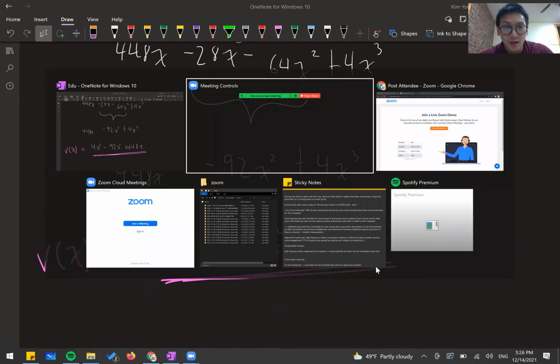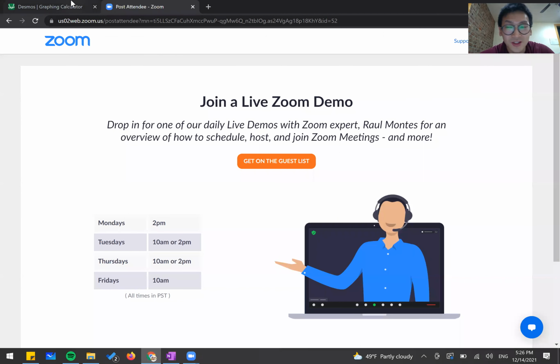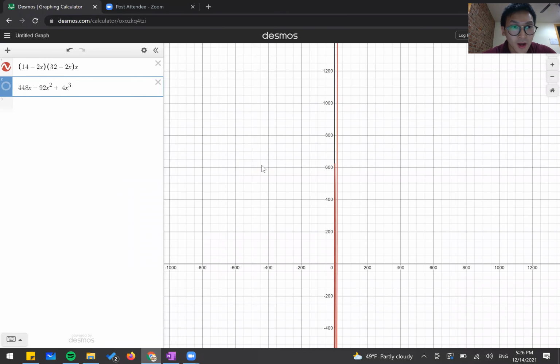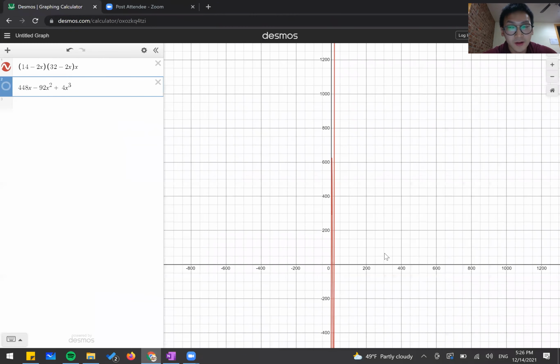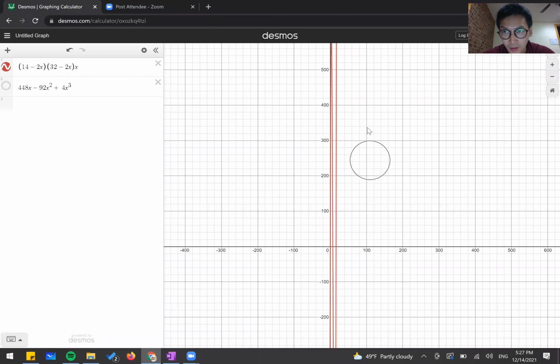In other words, the graphs will coincide. I already did that for you here. So watch. This was the original v of x. You put it in, and it's going to be a cubic polynomial. It might not look like it because these numbers are very big, but if you zoom in, you'll actually see it.